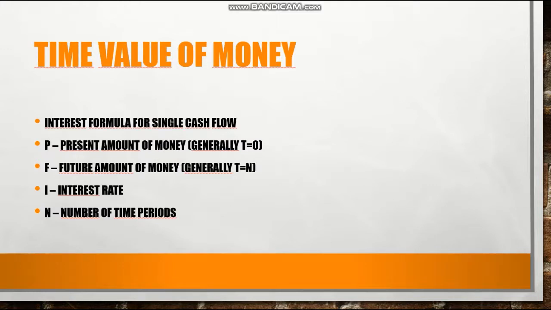Okay, now that we know the simple interest and compound interest calculations, let's go back to our main topic, which is the time value of money. Right now we are going to find the present value and the future value, and we will define the series value.